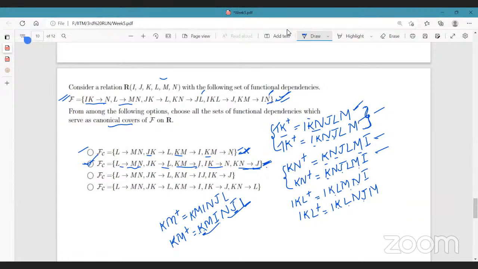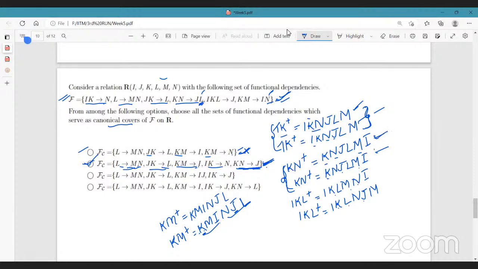Then L determines Mn is present here, so we don't need to check it. Then Jk determines L is also present. Then Kn determines JL, but here we have Kn determines J only, not L. So we can check for Kn closure in the parent set as well as in this set.